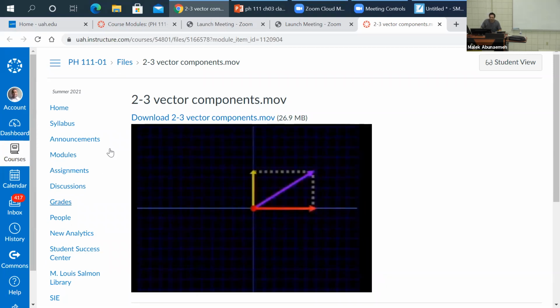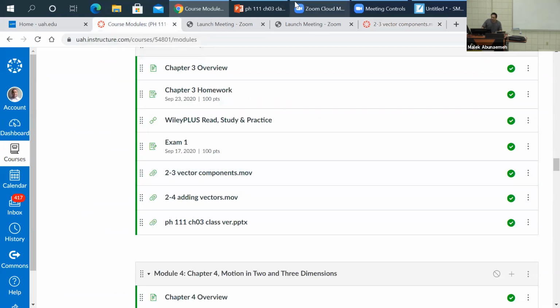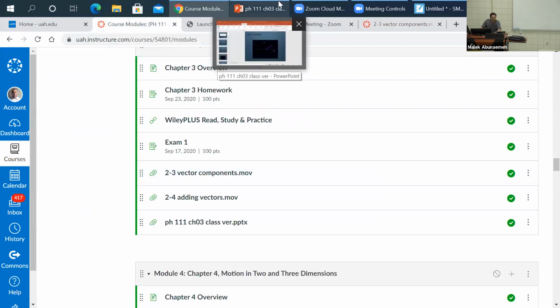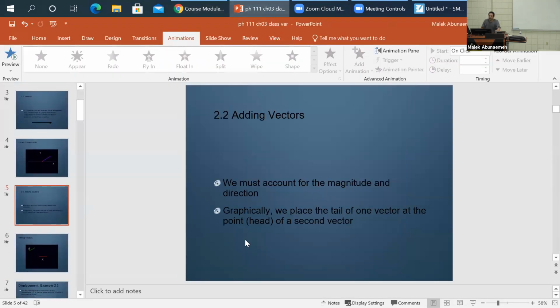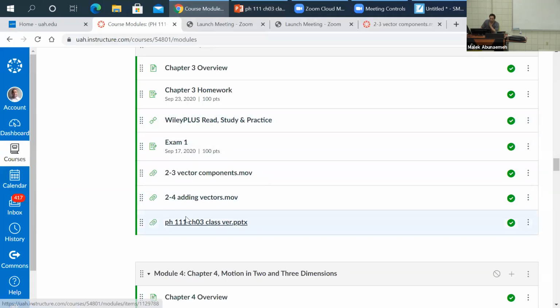All right. Now, when you add vectors, we use a method called head to tail. So we must account for the magnitude and direction, and we place the tail of one vector to the head of the second vector. Now let's watch this little video about this.